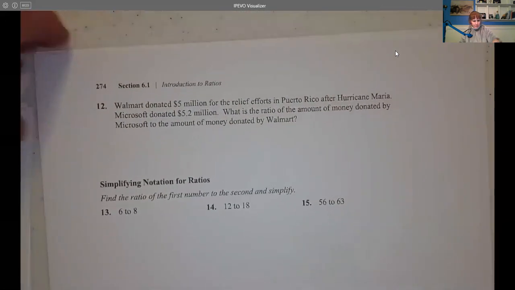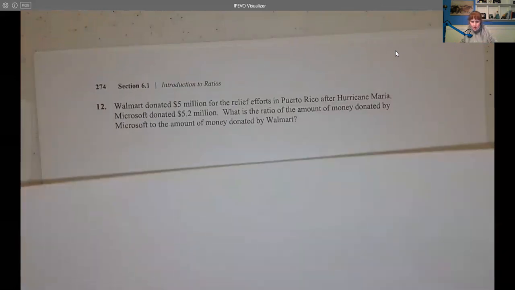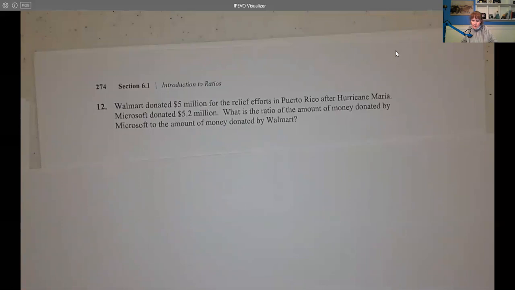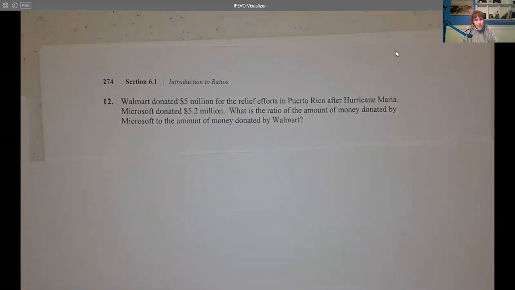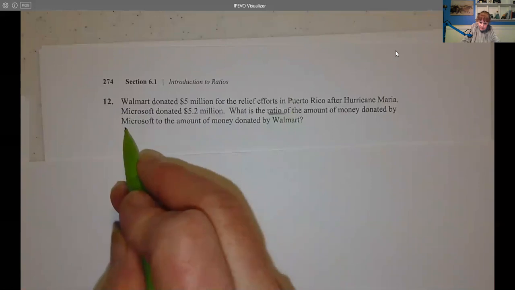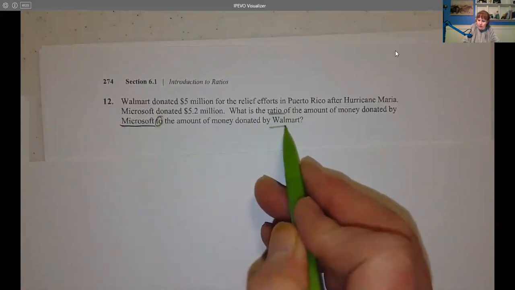Pretty much on the same lines that we just did. Walmart donated $5 million for the relief efforts in Puerto Rico after Hurricane Maria. Microsoft donated $5.2 million. What is the ratio, make a fraction, of the amount of money donated by Microsoft to the amount of money donated by Walmart?